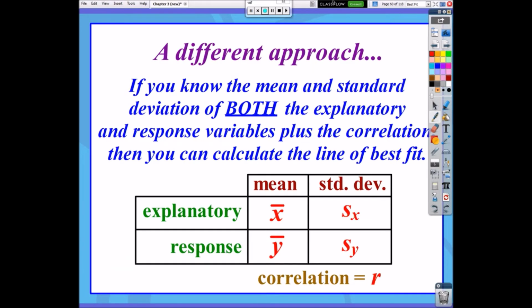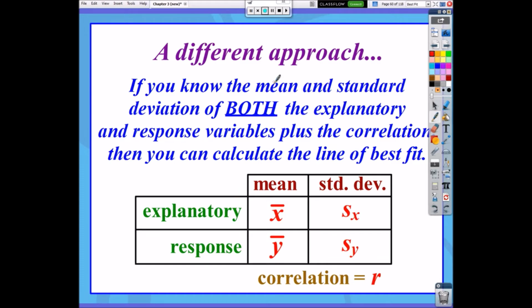Now, there is a different way of getting the equation of a regression line besides using your calculator, right? So we use that linreg command. We got the a and the b, the y-intercept and the slope, from our calculator. There's one other way, if you don't have the actual data to put into list 1 and list 2, but you had some statistics about your explanatory and response variable.